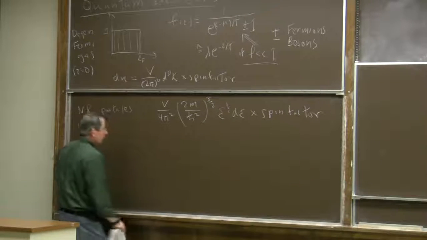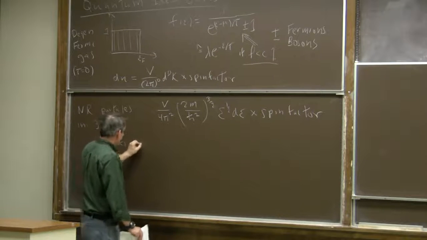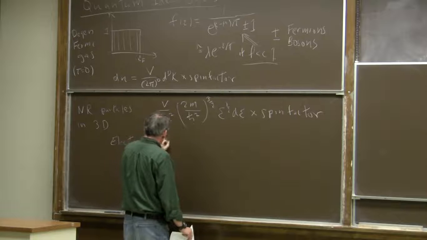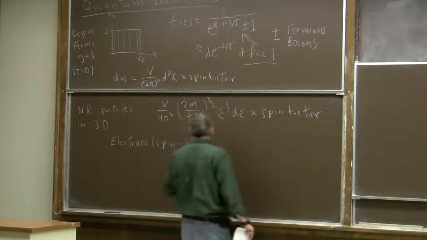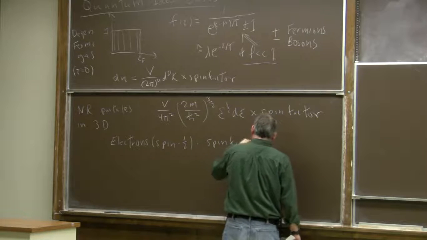So in the case of electrons, for example, or spin 1 half fermions, there are 2 spin states, so the spin factor is 2.